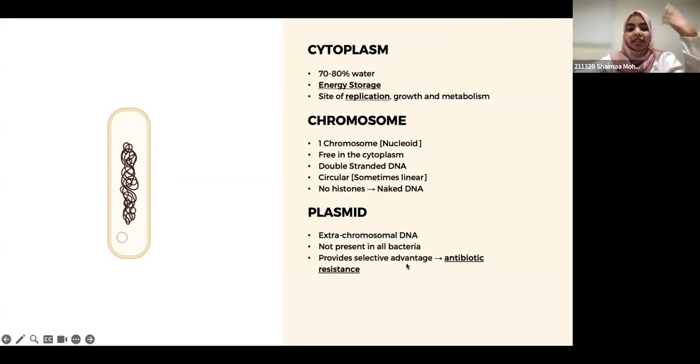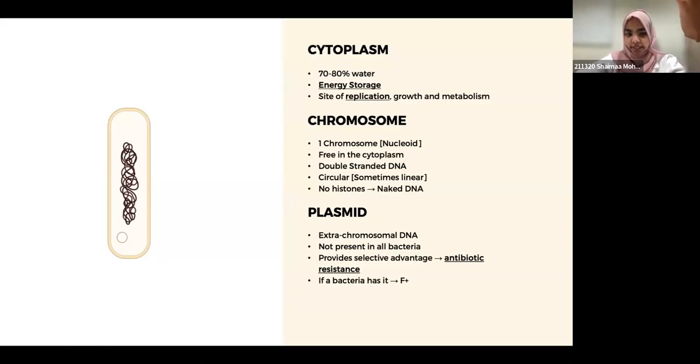It provides a selective advantage because it contains genes for antibiotic resistance. So having plasmids might provide antibiotic resistance, and it's going to help the bacteria. If a bacteria has it, then it's called F positive, F standing for fertility.